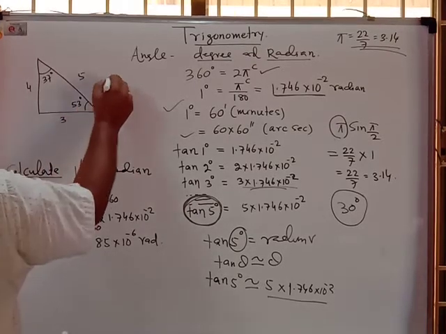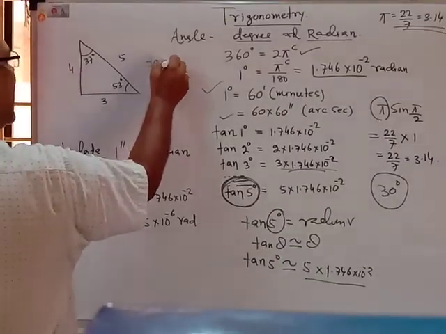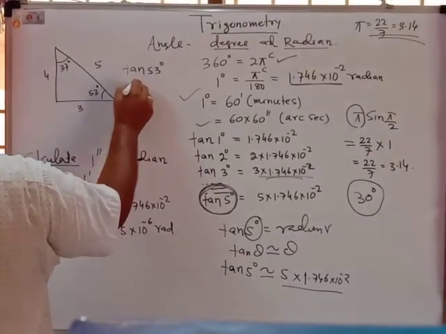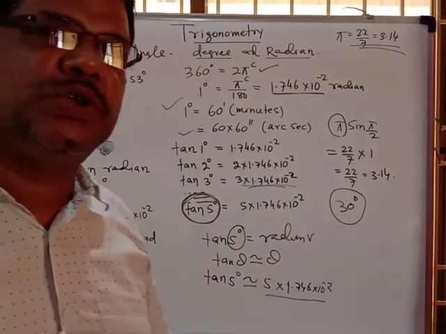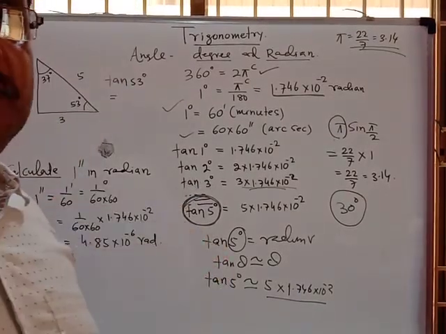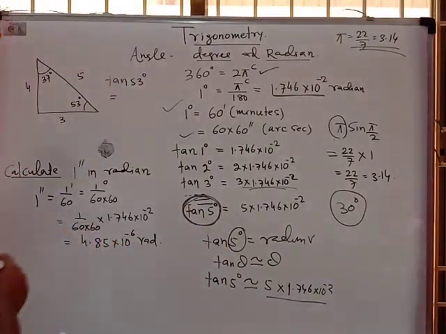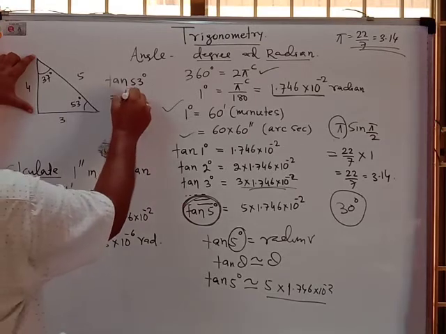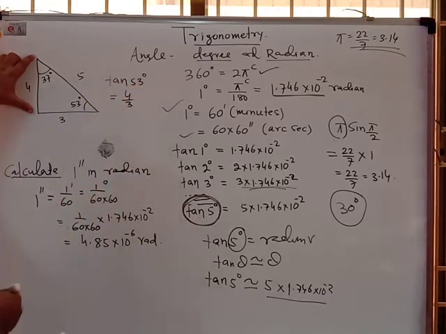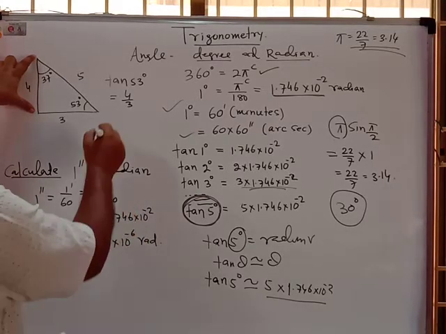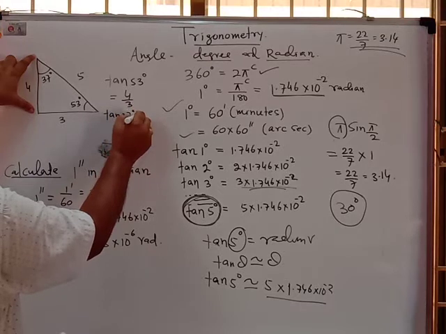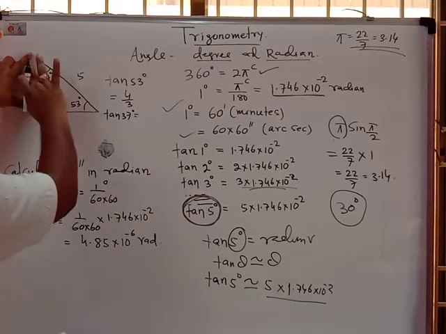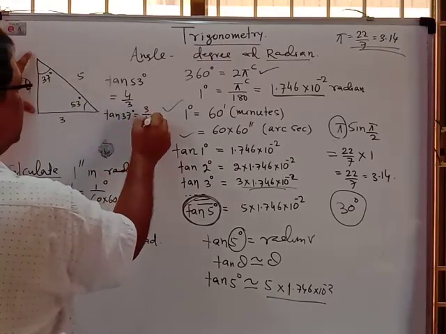If you talk about tan 53 degree, what will be its value? Because the tan ratio, you know, equals height by base, P upon B. So this side is 4 upon 3. So tan 53 degree is 4 by 3. Directly you can put it. If you talk about tan 37 degree, it will be equal to 3 upon 4.